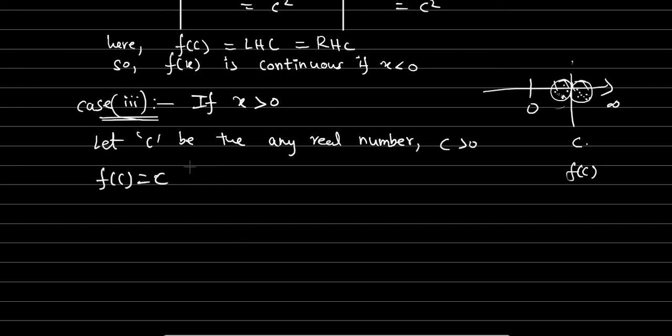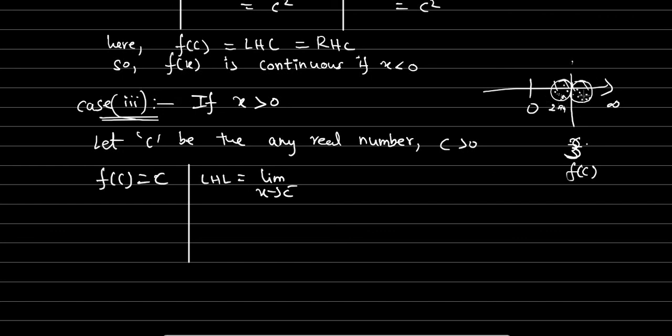Next, left hand limit. Limit x is approaching to the c from the left side. Suppose if it is number 3, left hand side close values of the 3 are 2.99, 2.998. So such type of close values only we need to take. The close values are also greater than 0 only, right?